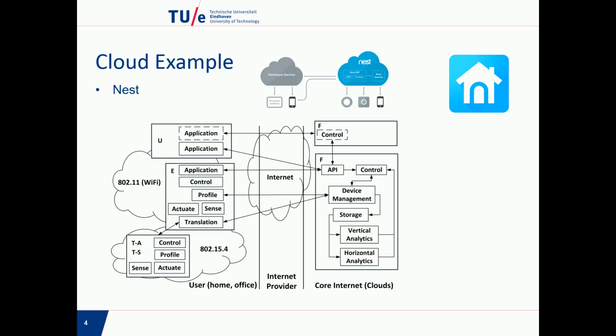Now we will show some detailed deployment examples of some current IoT systems to help understand the different architectures and deployments. First is the example of the cloud deployment, the Google Nest. As shown in the deployment view, the Nest uses both cloud and mist control, because the control function is both in the cloud and placed in the end devices.